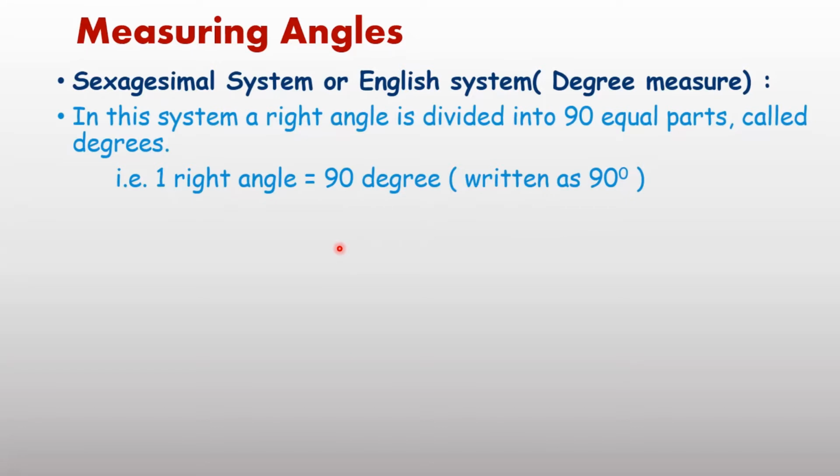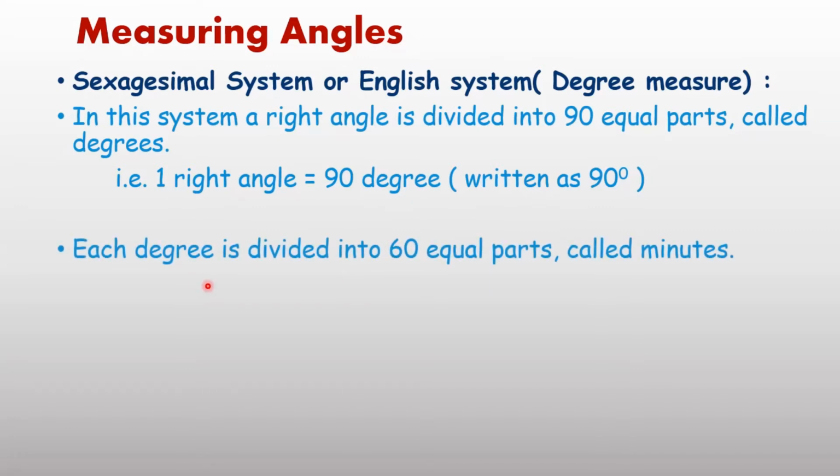One right angle equals 90 degrees. And if you divide 1 degree in 60 equal parts, then each part is known as 1 minute. It implies 1 degree equals 60 minutes, written as 60′, where a single dash is the symbol for minute in measurement of angles.